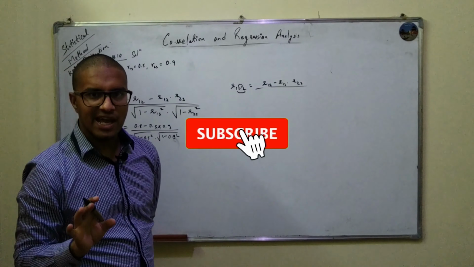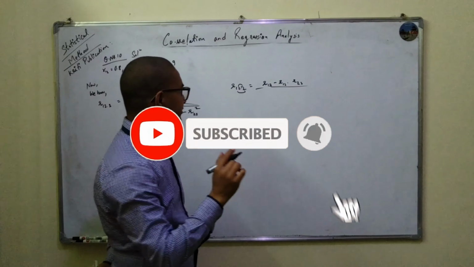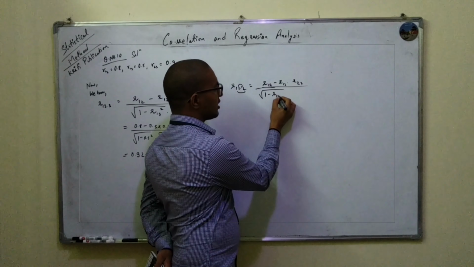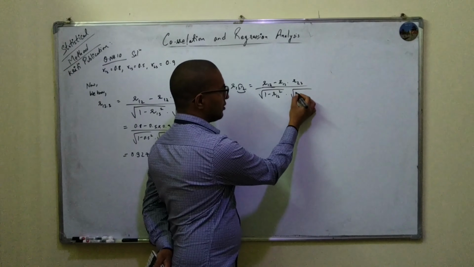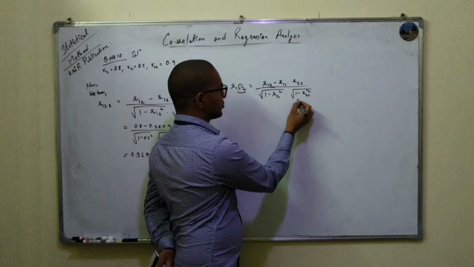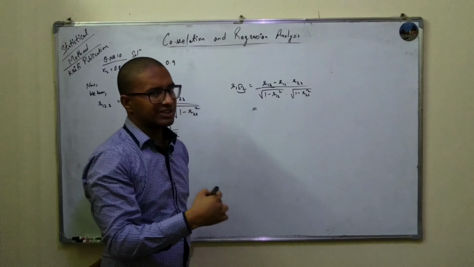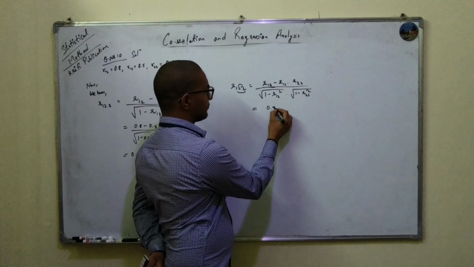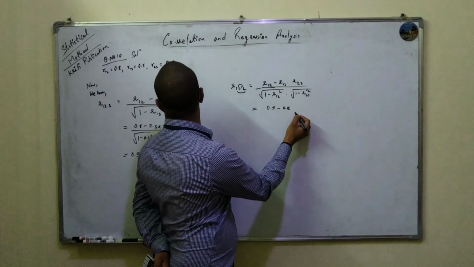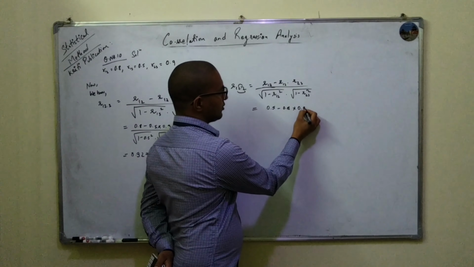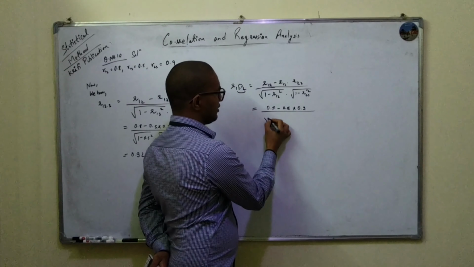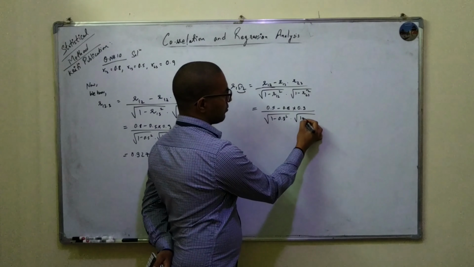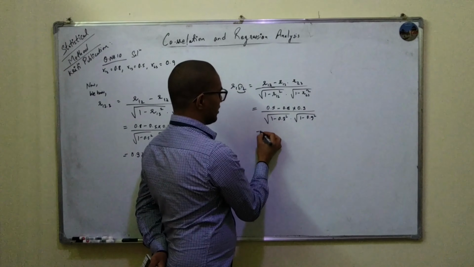You can write it in any way because it is symmetric, as we learned earlier, all over the root of 1 minus R12 square times 1 minus R23 square. Putting the values in, this is 0.5 minus 0.8 into 0.9, and then 1 minus 0.8 square, 1 minus 0.9 square.